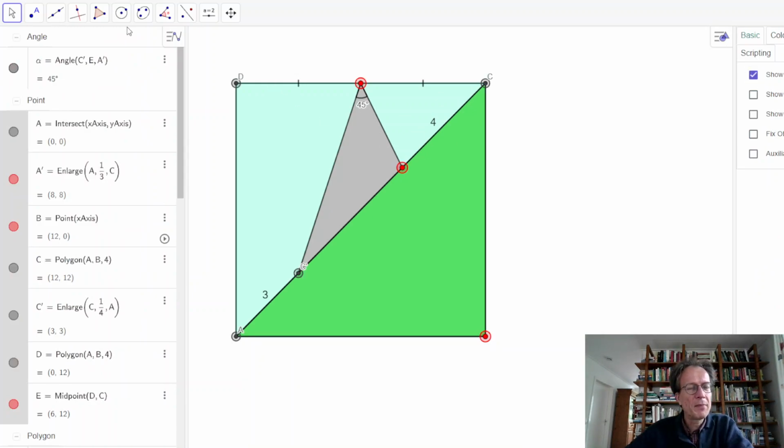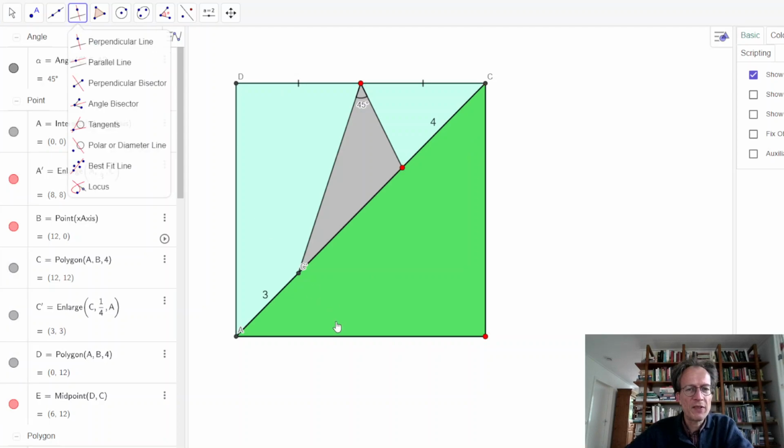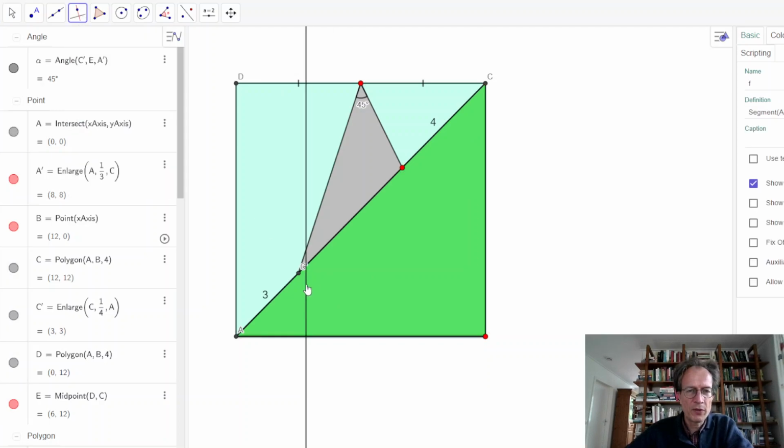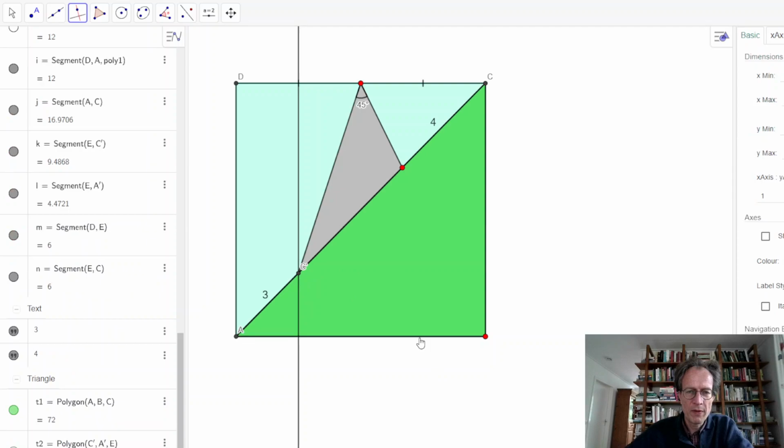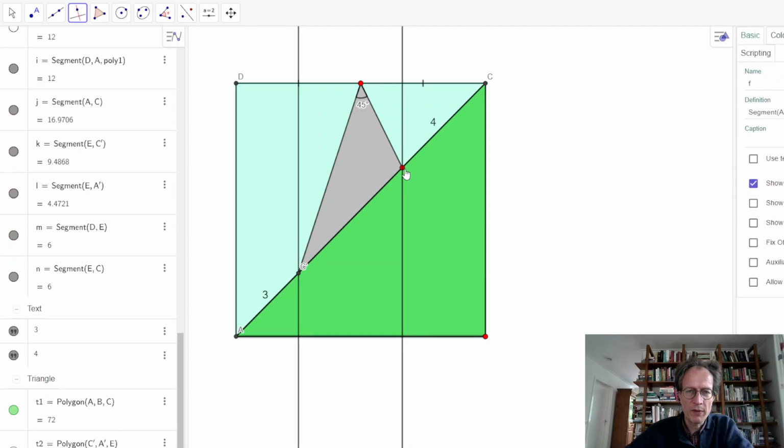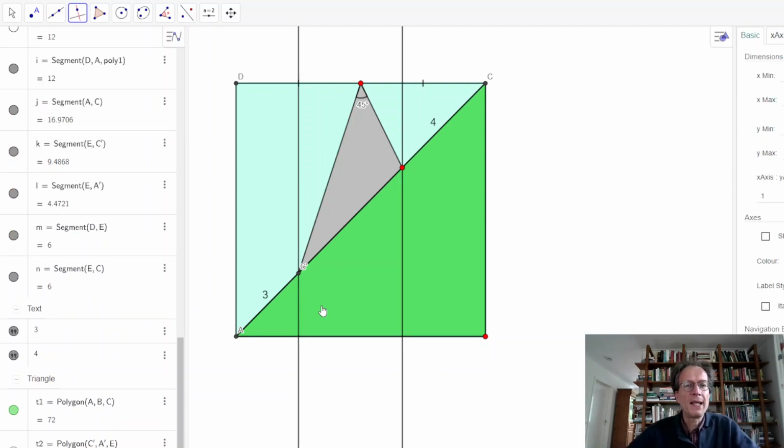The first thing Mr. Yilmaz-Turk does is draw two vertical lines through that point and one through that point. Then it's a matter of placing lengths.